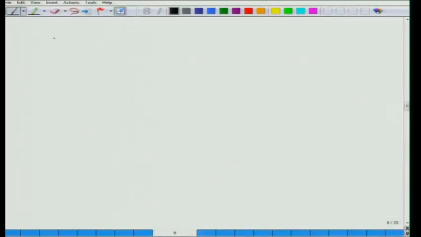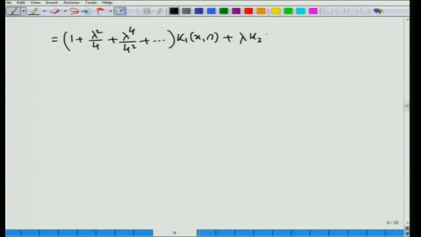So, this expression is equal to 1 plus lambda square by 4 plus lambda to the power 4 by 4 square plus dot dot, this multiplied with k1(x, s), and for the rest of the terms if you take common lambda and k2(x, s), then this will be multiplied with 1 plus lambda square by 4 plus lambda to the power 4 by 4 square plus dot dot.